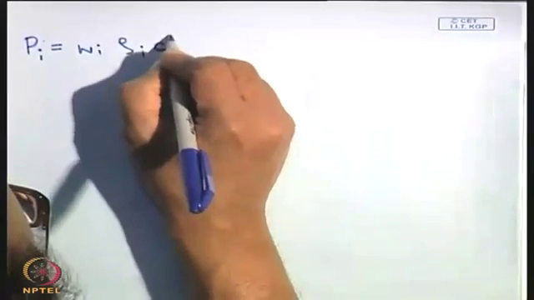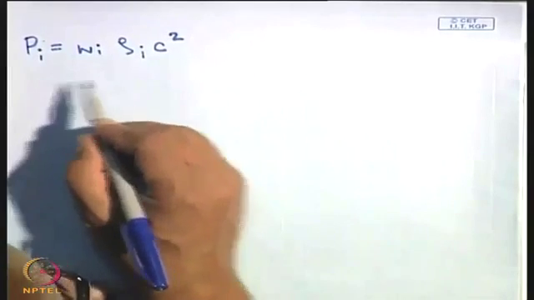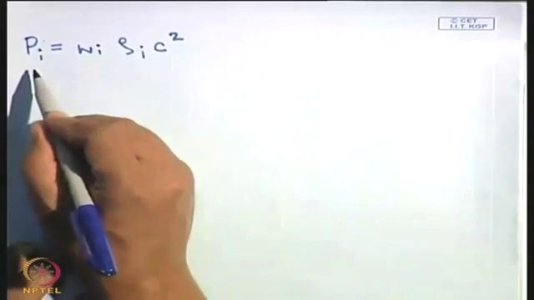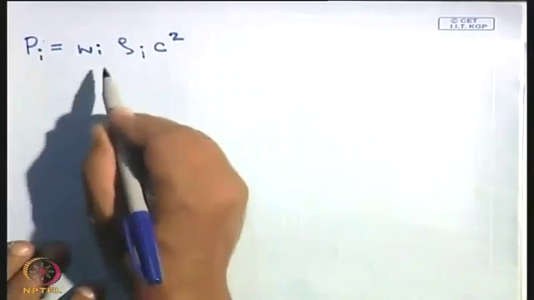into c squared. So, we have allowed for the possibility that the universe has different components which fill it, and each such component is labeled by I, and each of them has a density rho and a pressure P, which are related through some Wi.